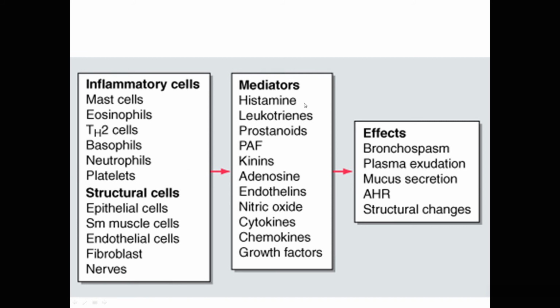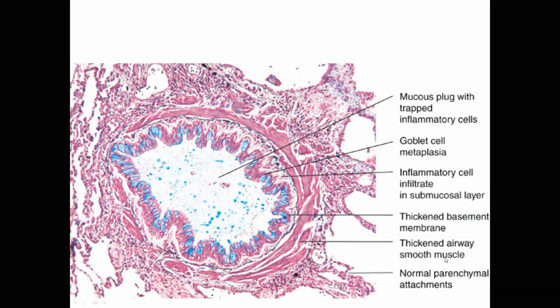Mediators involved are mainly histamine, leukotrienes, prostaglandins, and platelet activating factor, among others. And the effects, as already shown: bronchospasm due to the constriction of the smooth muscles, plasma exudation, edema of the wall, mucus secretion and obstruction of the lumen, and other structural changes.